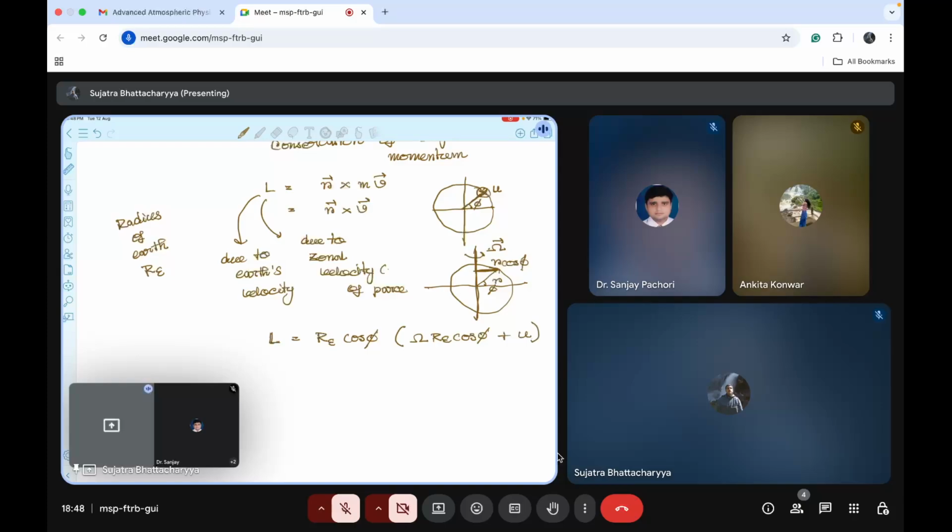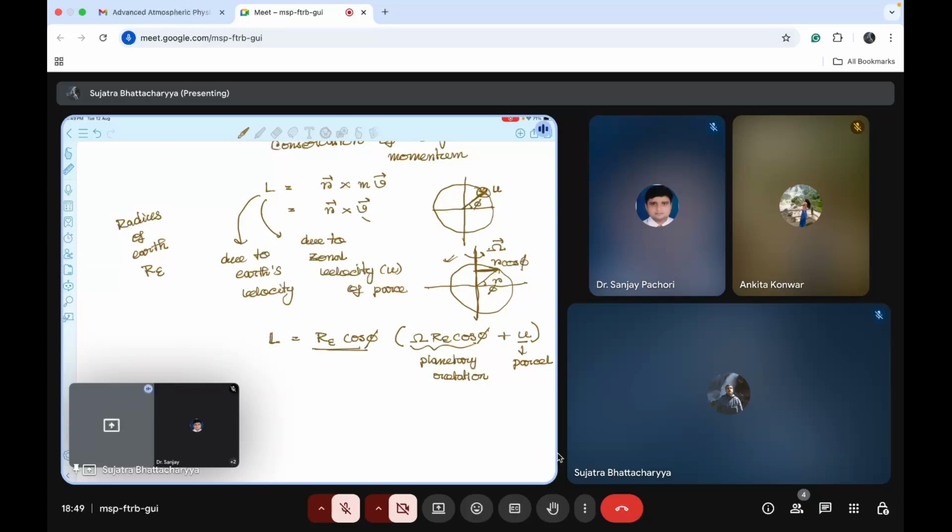So this zonal velocity u is from the air parcel, and this omega RE cos phi is due to the planetary rotation. See, this is coming from the second one, planetary rotation, because of the omega, the rotating speed of the Earth, and because of this radius vector. So omega cross r is nothing but your velocity. Same way, along with that, you have to multiply this.